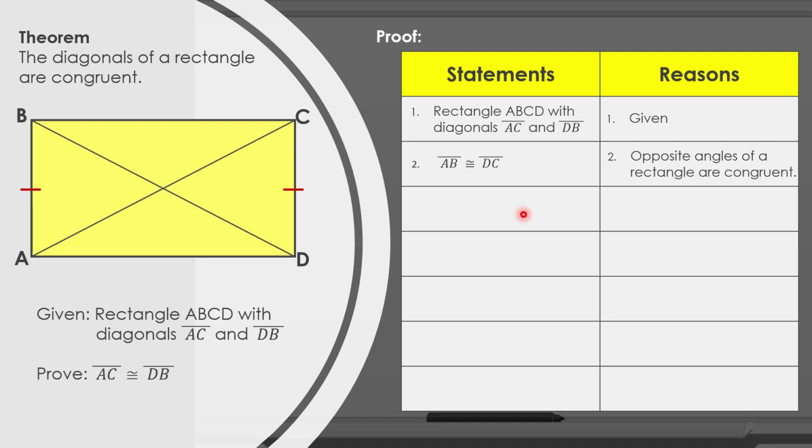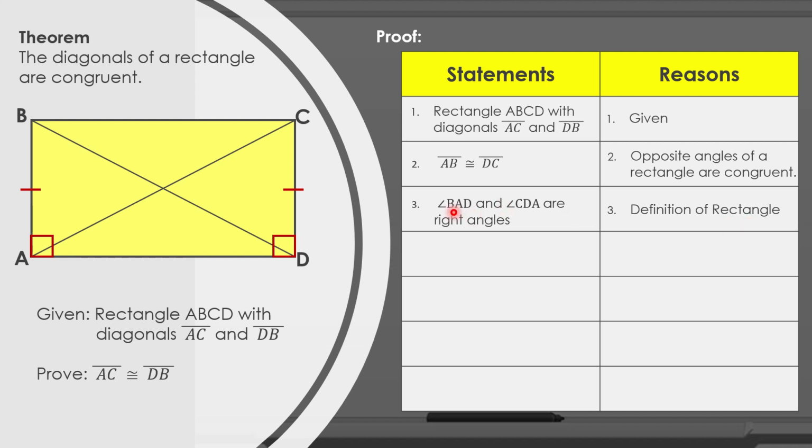And as for statement number 3, we can say that angle BAD and angle CDA are right angles. It is based on the definition of the rectangle, in which it contains 4 right angles.